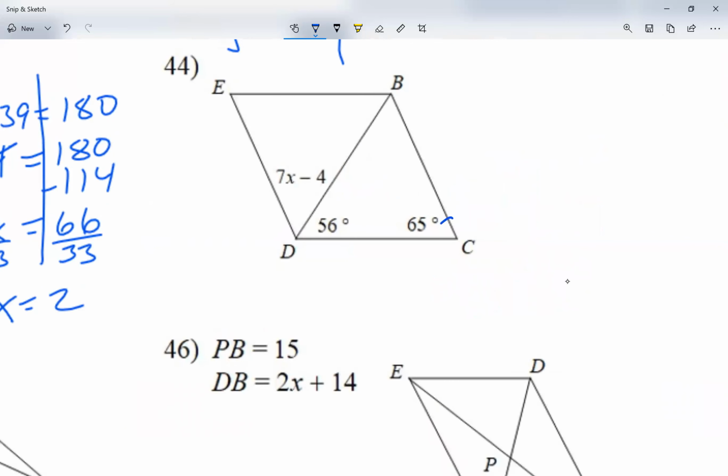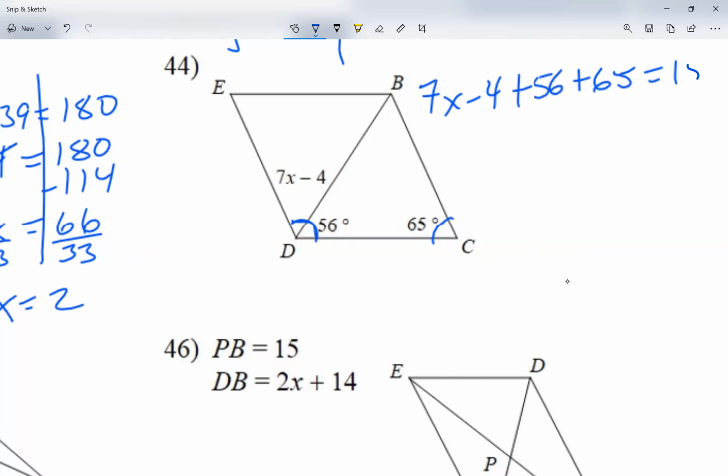Now let's take a look at number 44. I know this is 65 degrees, but if I added to this entire corner, so angle C with the entire angle D, right? I'm going to add everything. They equal 180. So I'm just going to go 7x minus 4 plus 56 plus 65. I'm adding everything equals 180.